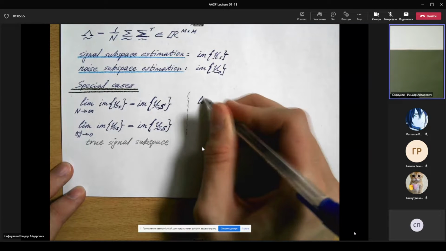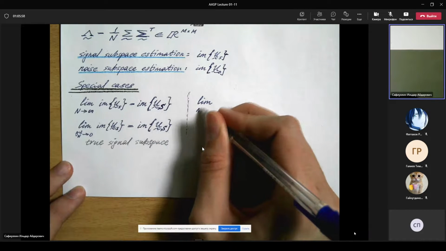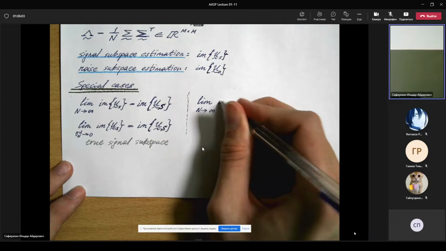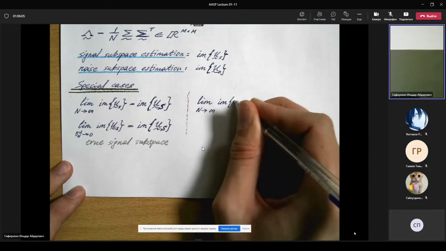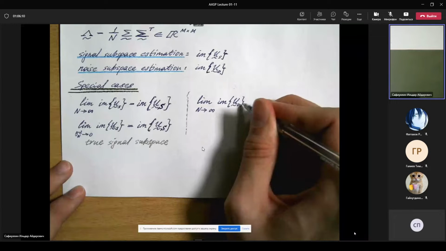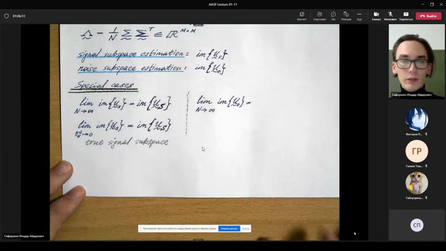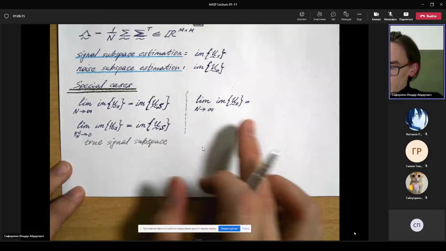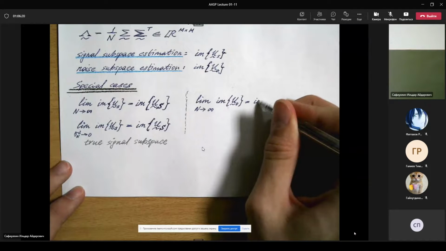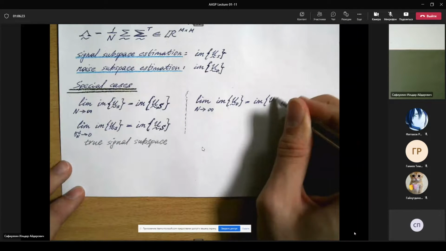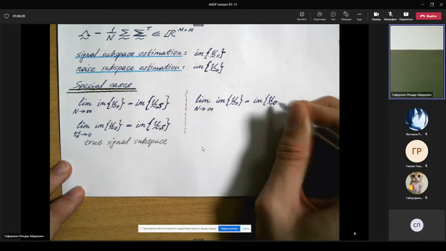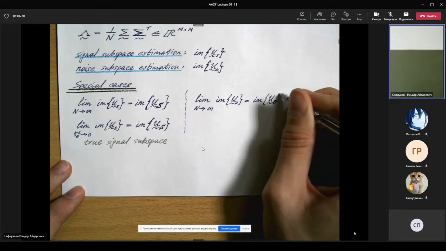The same operation, n goes to infinity. But now here we have image of U subscript small o, or small 0, let's say. In this case, our estimate of the noise subspace will go to the true noise subspace with capital O here.